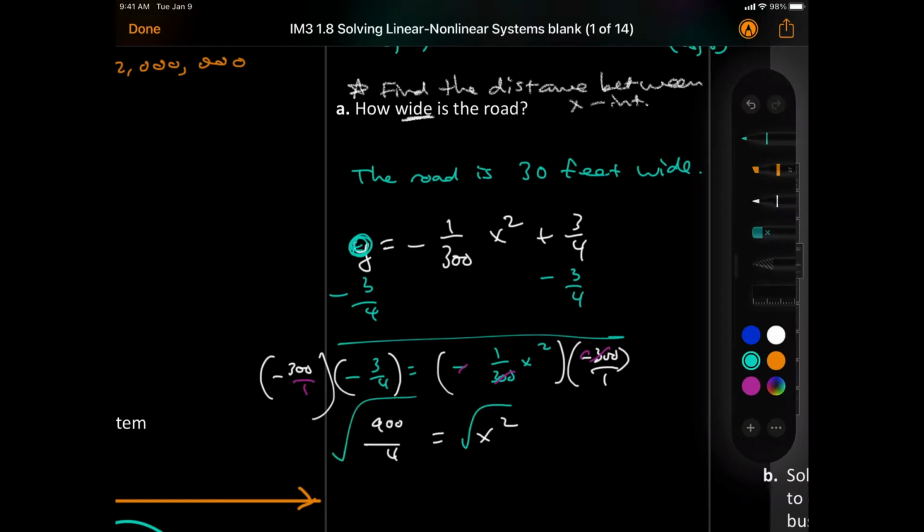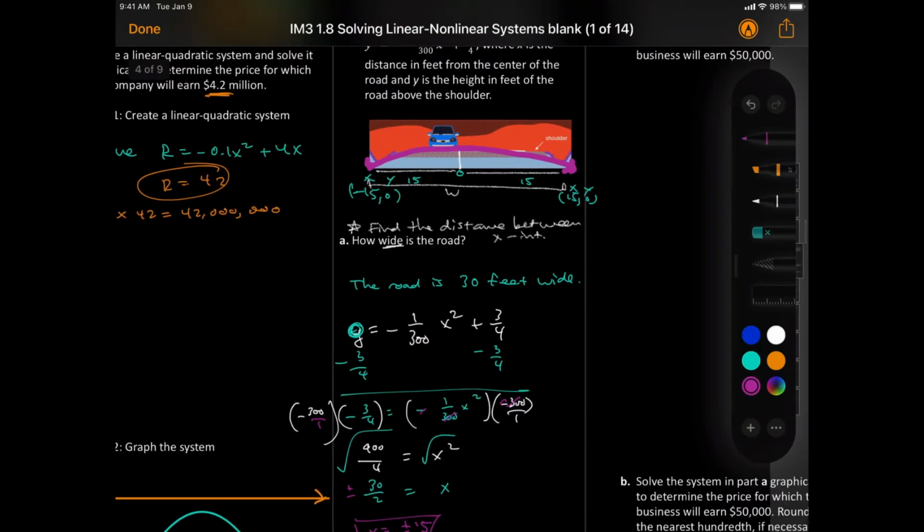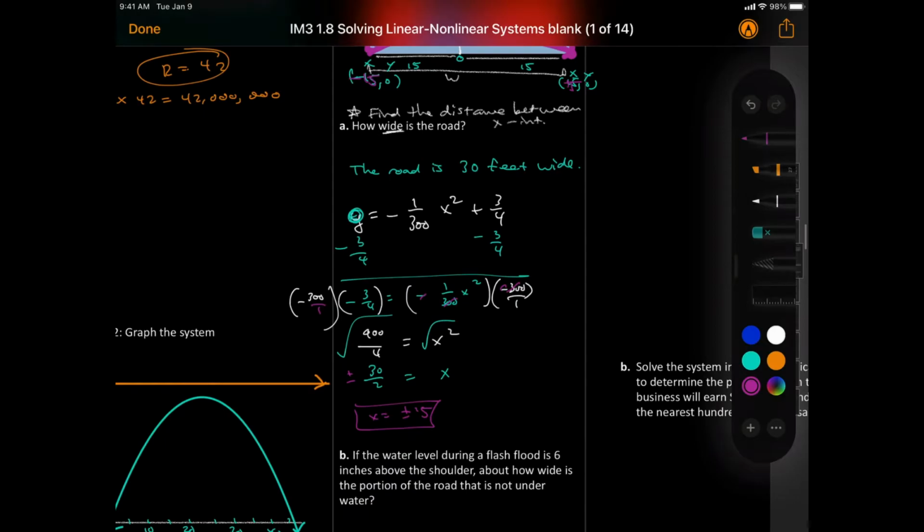So square root of 900 is 30 over 2, and when you do that, remember to have a plus or minus, so basically that becomes x is positive and negative 15, which was the numbers I found here and here. So that was the second method.